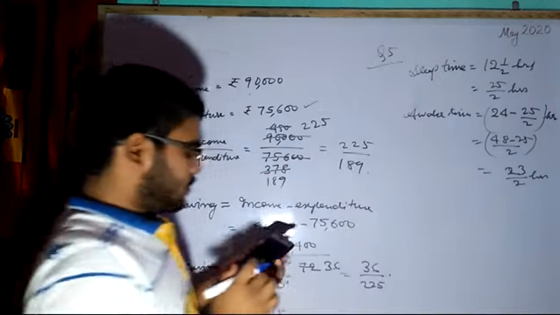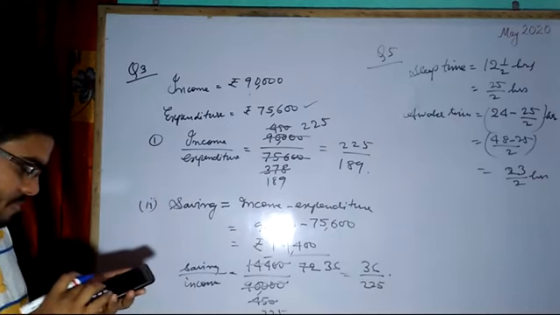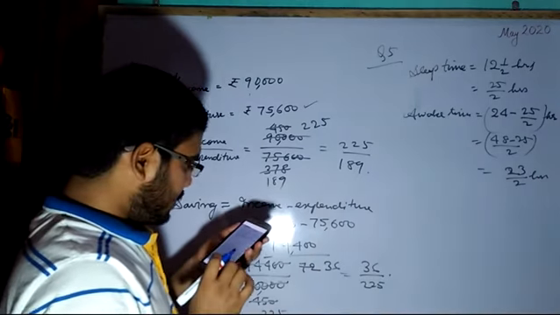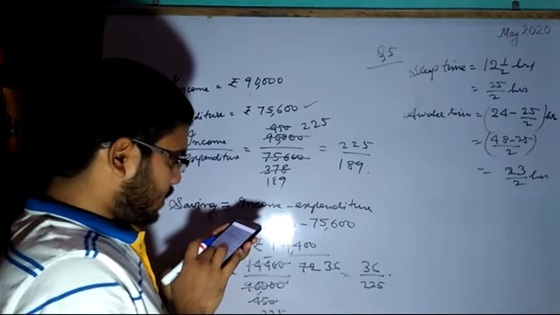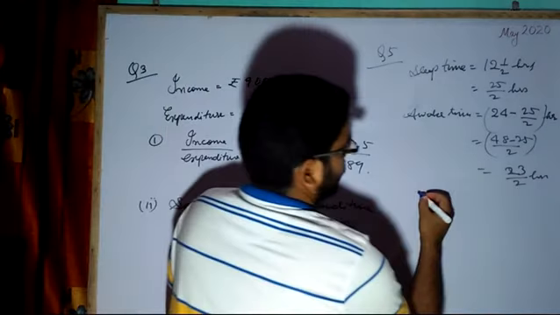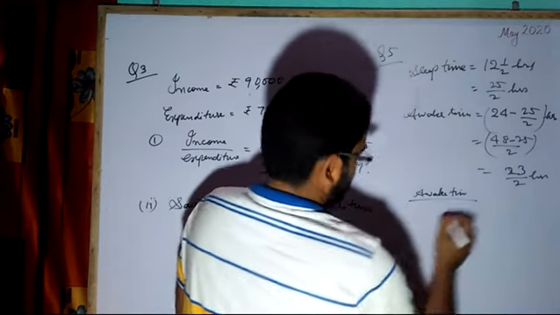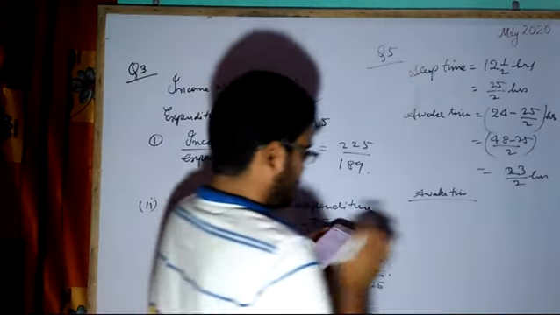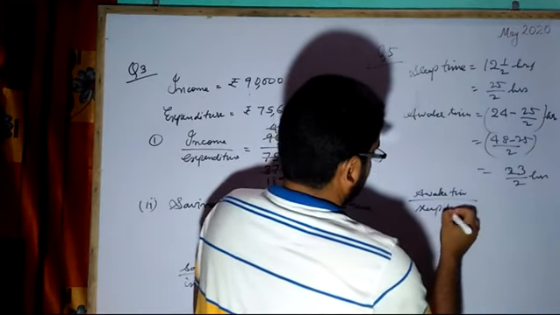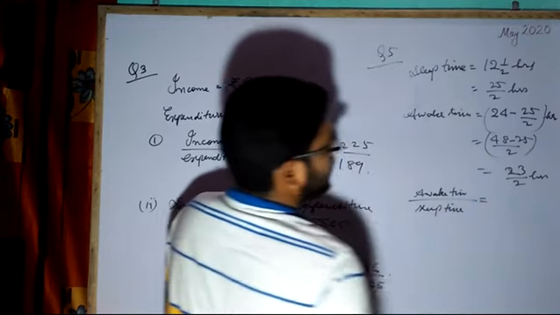Now what we have to find? We have to find the ratio of the time she is awake, so ratio of awake time to sleep time. What is her awake time?